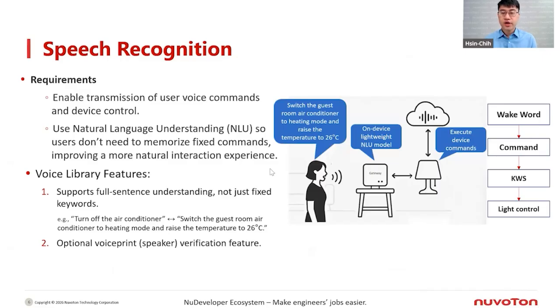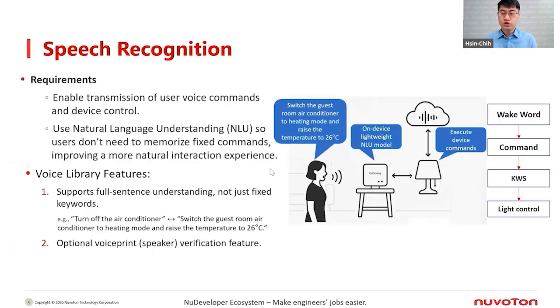Okay, let's look at a real-world application, a voice-based device control. The requirements are simple but powerful. The first is users speak naturally. Second, the device responds immediately. And last one, no internet connection is required. Instead of fixed keywords, the system uses natural language understanding, or NLU.